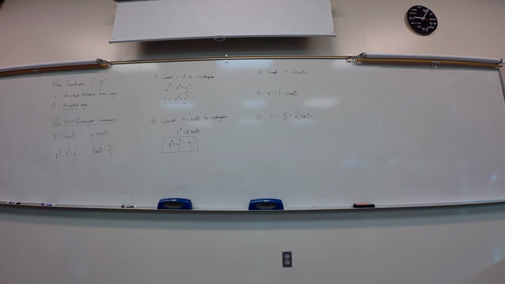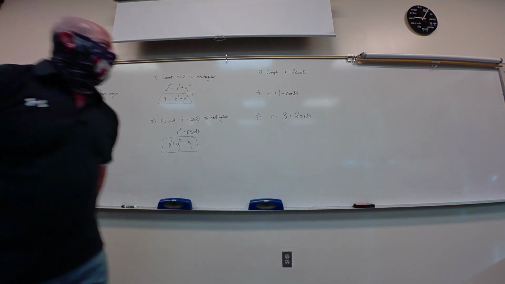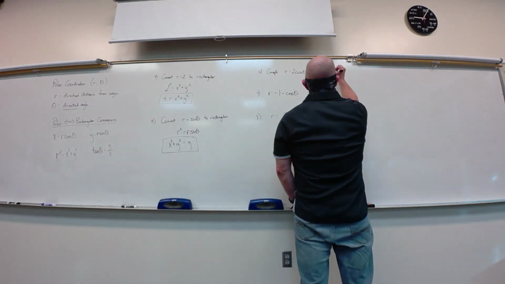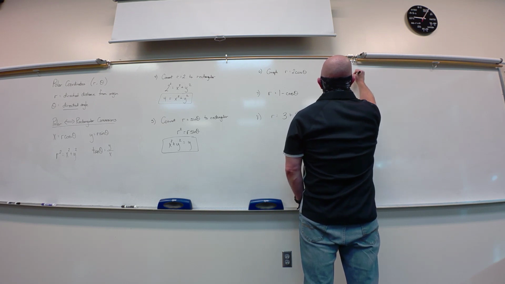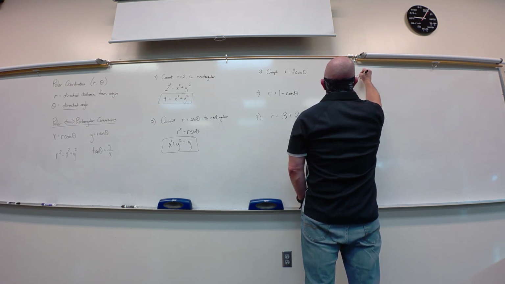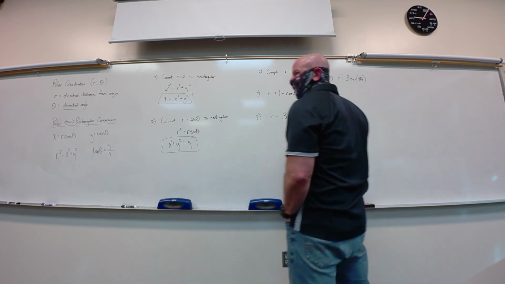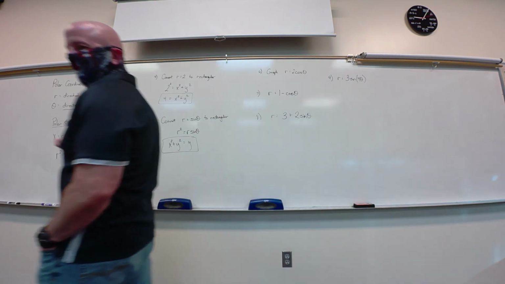Everybody have that sketch? Looks like it gets a little flat on the bottom. Well, this one. Let's go r equals 3 sine 4 theta. Make sure you have the 4 theta in parentheses.